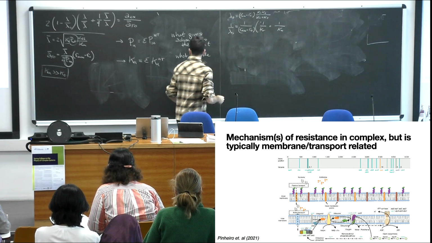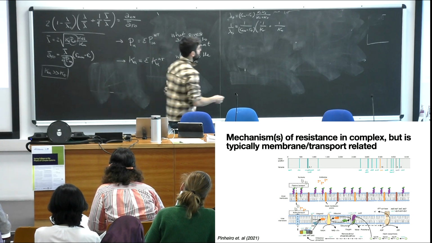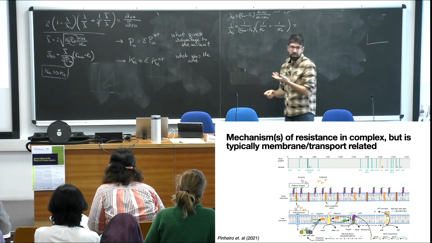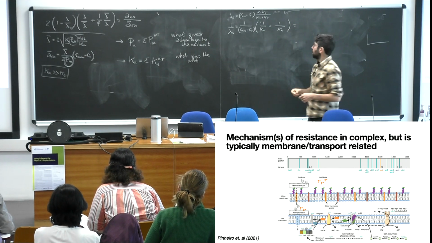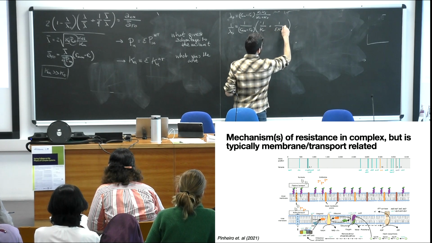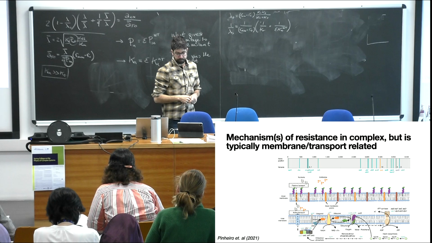Okay? So if we introduce the fact that Kn is equal to this one, what we have is that the growth rate of a mutant, a bug, will be equal to, well, here it's epsilon Kn of the wild type. Okay?